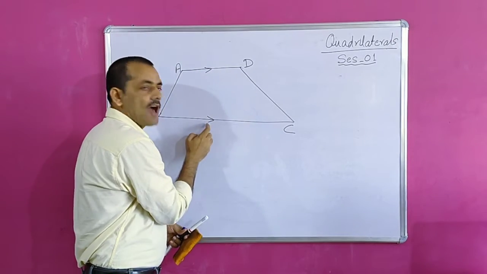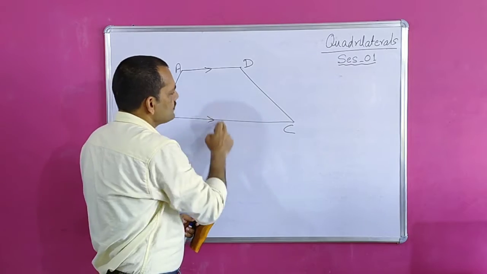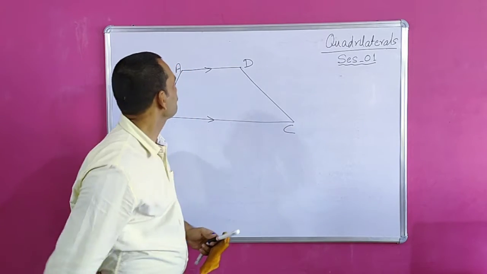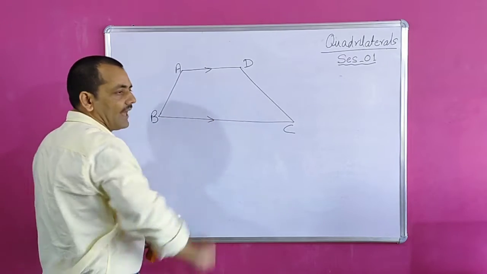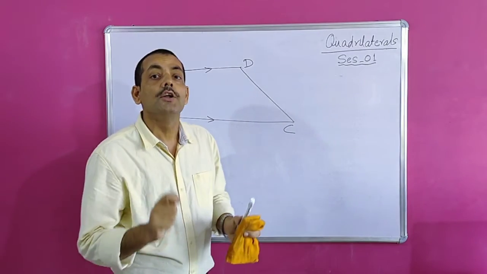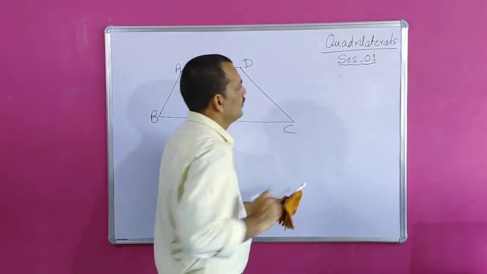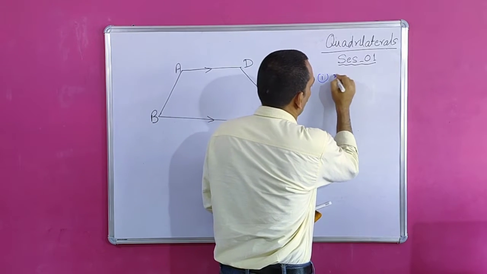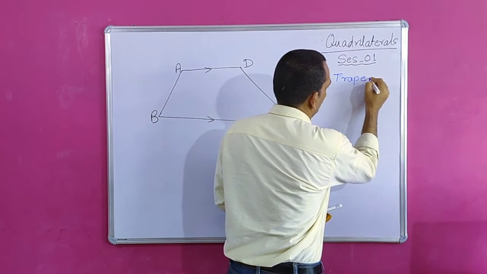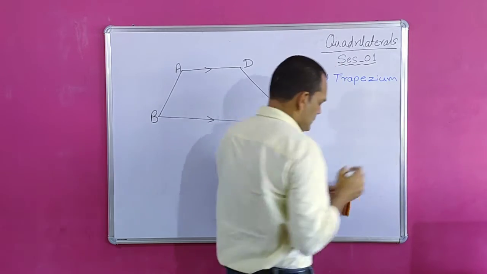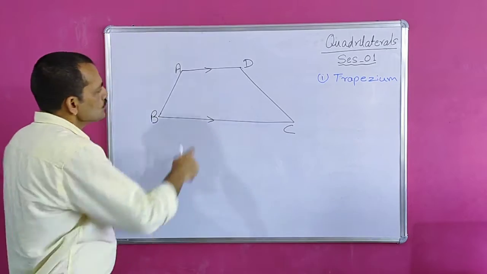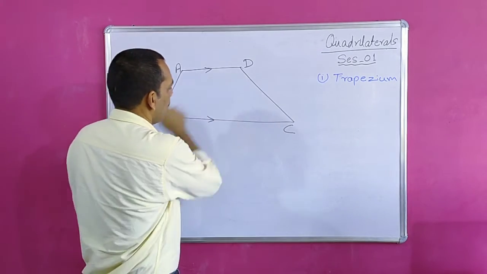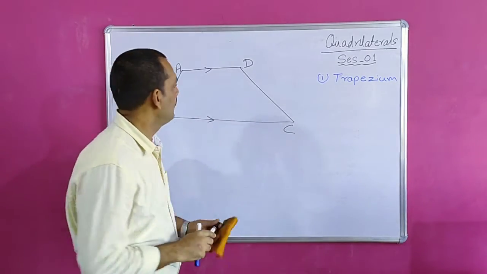This arrow symbol represents that these two lines are parallel. So a figure where one set of lines is parallel is known as a trapezium. So the first type of quadrilateral is the trapezium, or we call it trapezoid also. So only one thing, one pair of lines parallel.